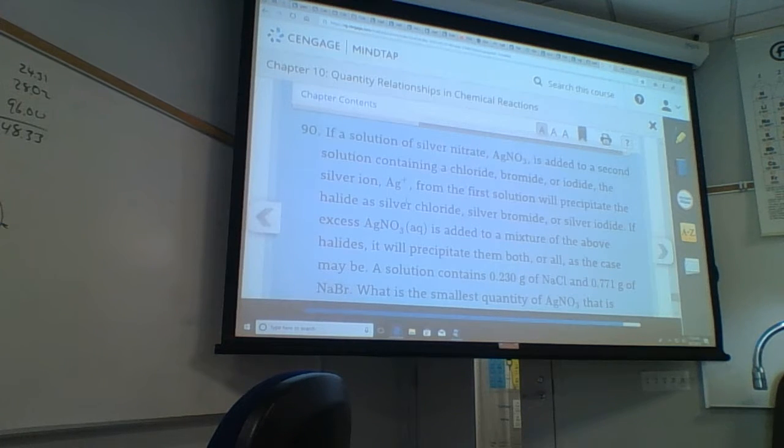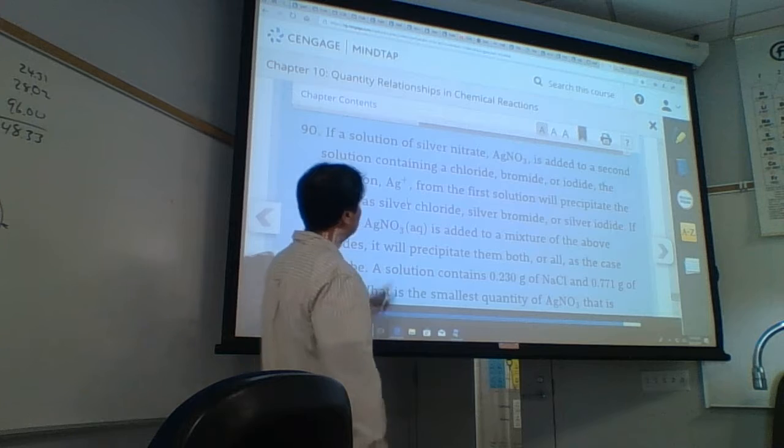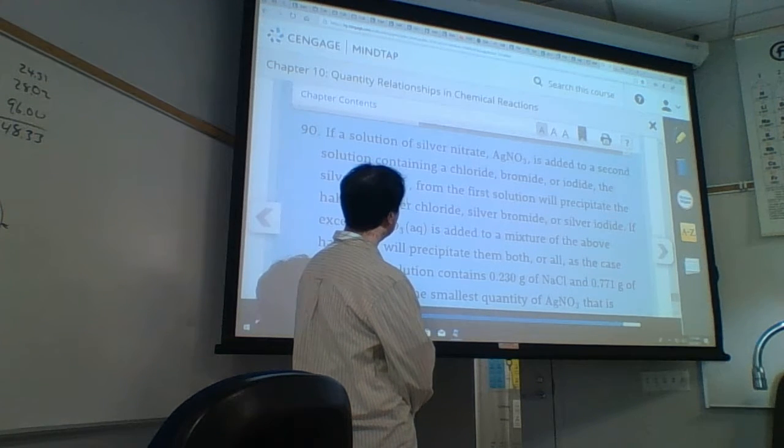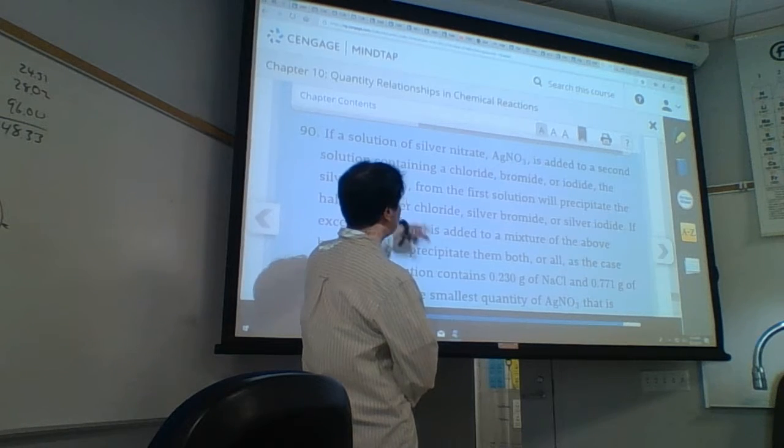Number 90: if a solution of silver nitrate is added to a second solution containing a chloride, bromide, or iodide, the silver ions love chloride, bromide, and iodide. Chlorides, bromides, and iodides are all soluble except for silver, lead, and mercury, so silver likes those.